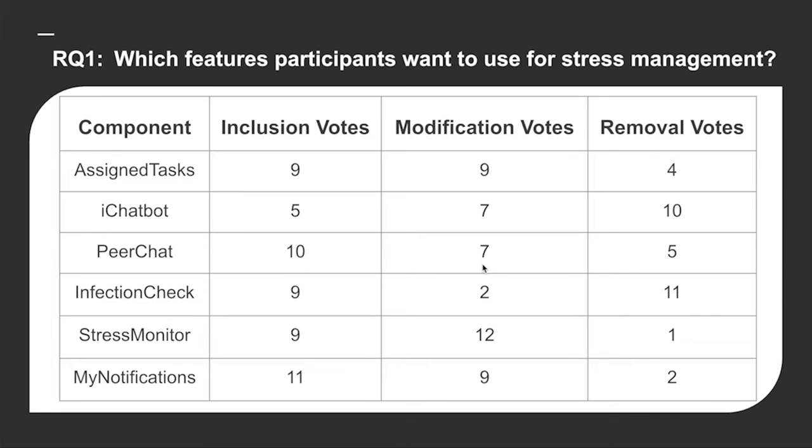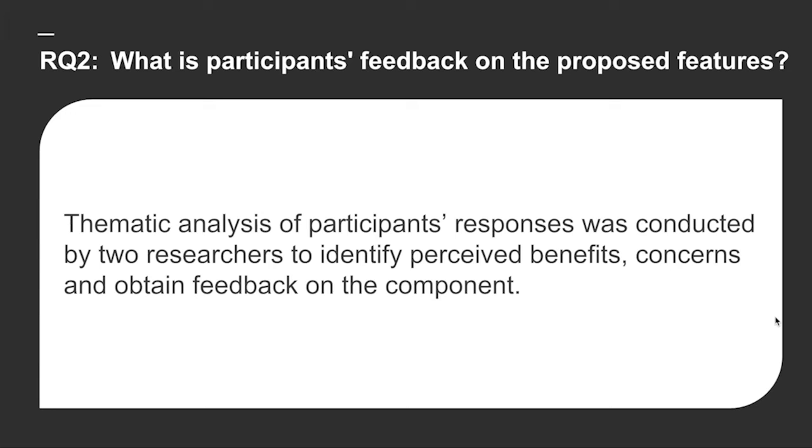Peer chat was also found to be very favorable, and so was the assigned task. But iChatbot and infection check received a high number of removal votes. And next, we will look at participants' feedback to understand why they voted these features in this way.